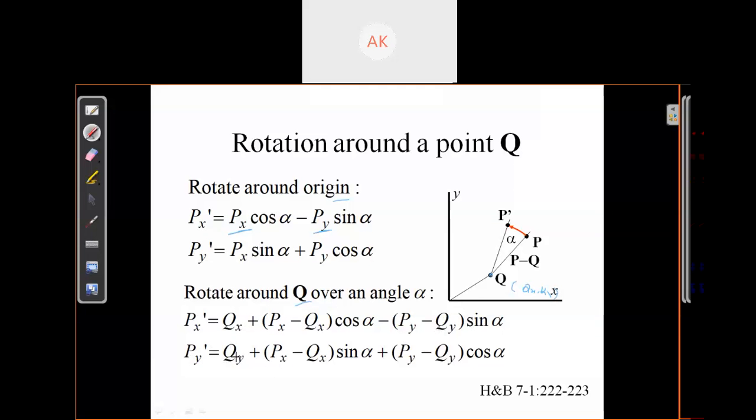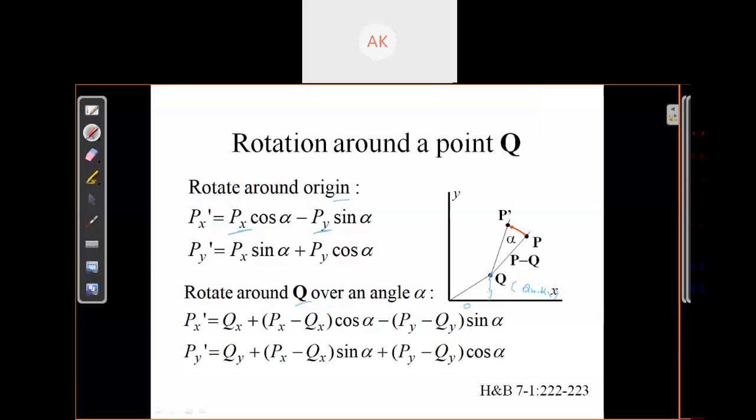And for the y coordinate you write qy plus px minus qx into sin alpha, plus py minus qy into cos alpha. Let me explain what is happening here.